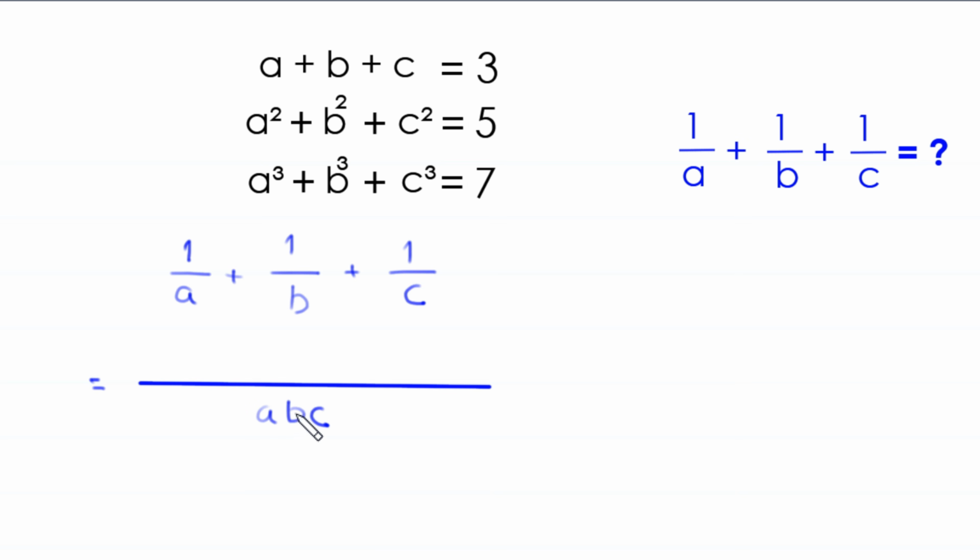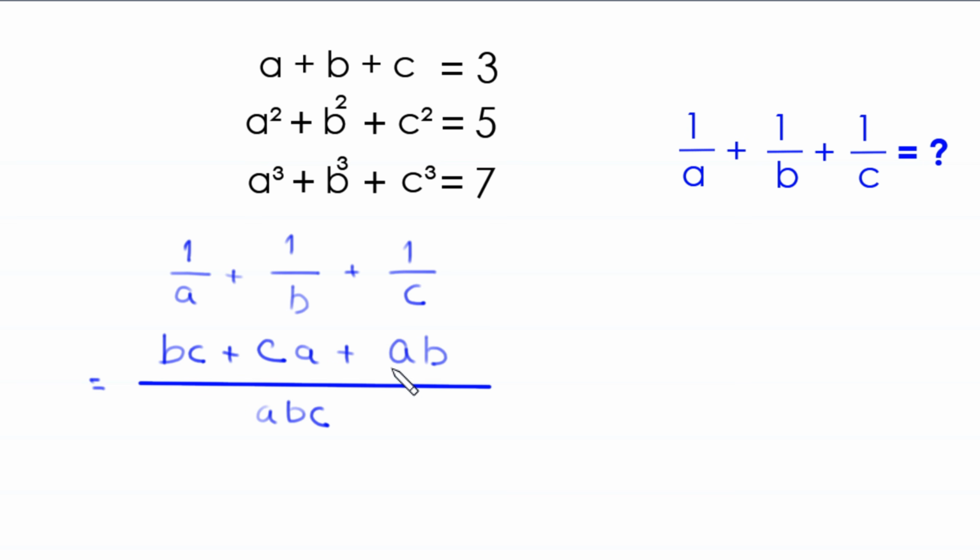If we divide this LCM abc by a, we get bc. Dividing abc by b, we get a times c, which becomes c times a. If we divide this LCM abc by c, we get ab.